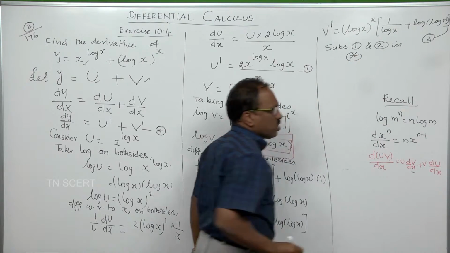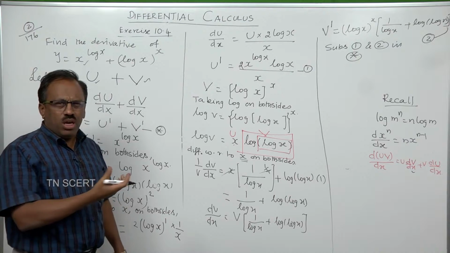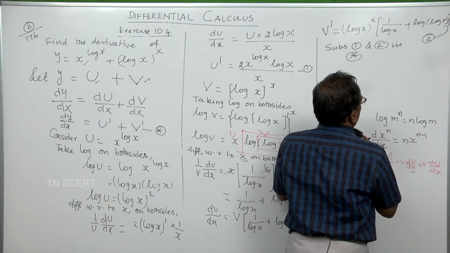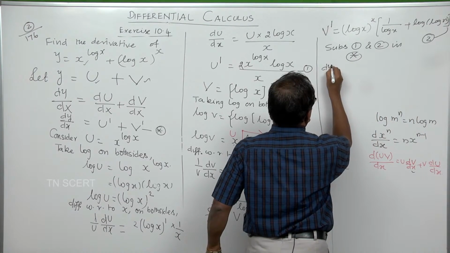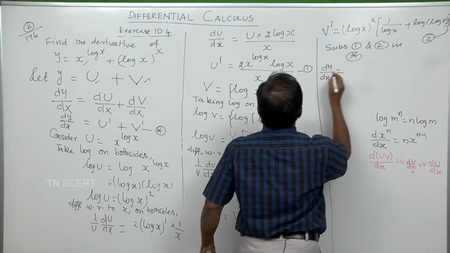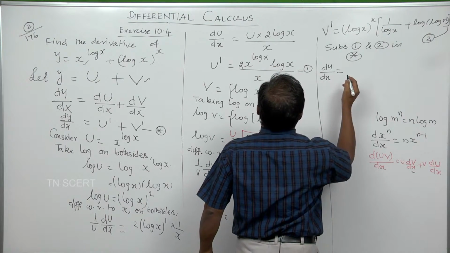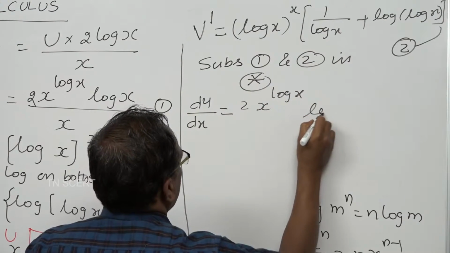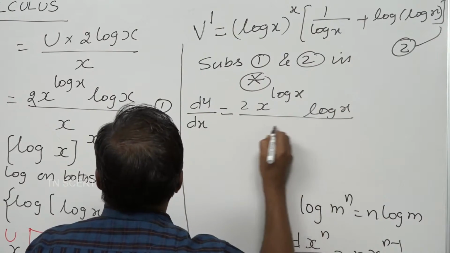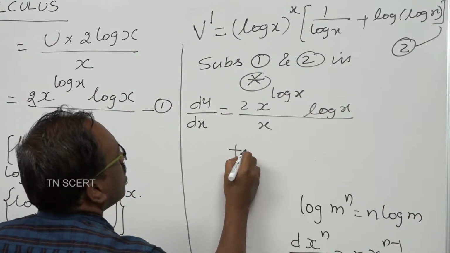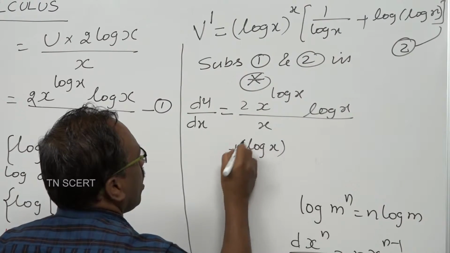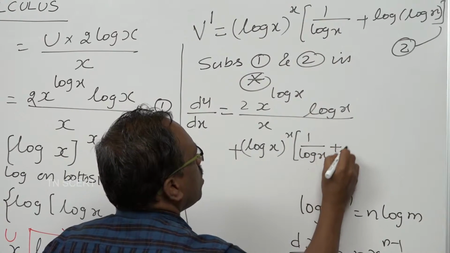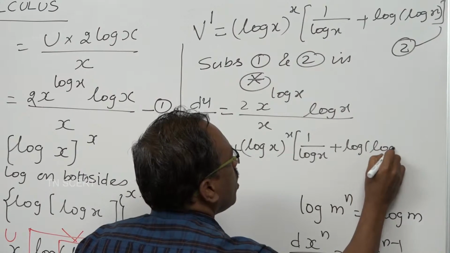Star means it is like an equation; instead of giving some numbers, I gave star. What do we get now? dy by dx becomes 2x power log x by x plus log x whole power x bracket 1 by log x plus log of log x.